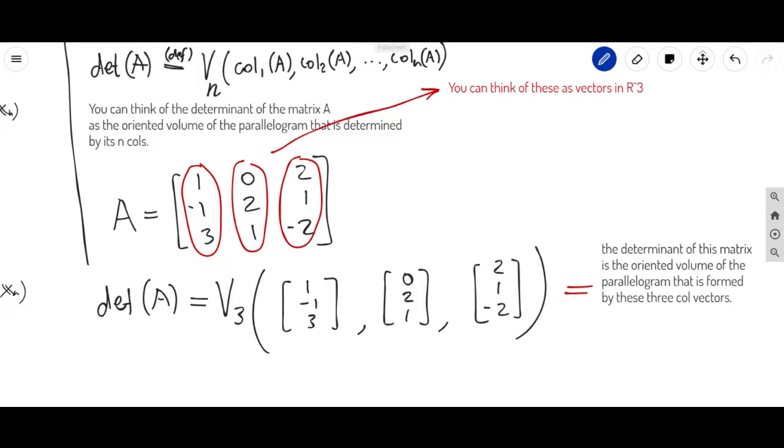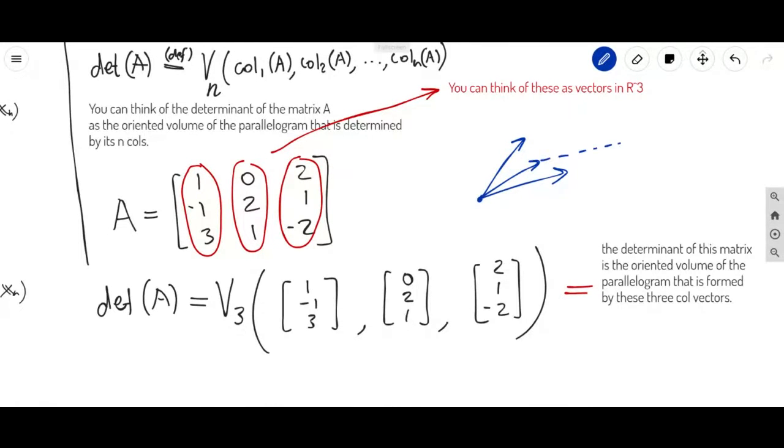If you draw the picture of this, we're not going to draw any careful pictures because it's not necessary for us, but you have three vectors over here. Maybe your first vector looks something like this, maybe your second vector looks something like that, and your third vector looks something like that. These are three vectors in space, and they determine the parallelogram for you.